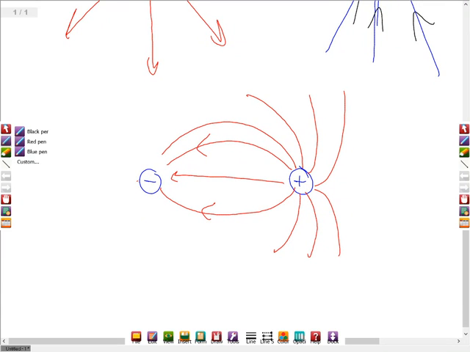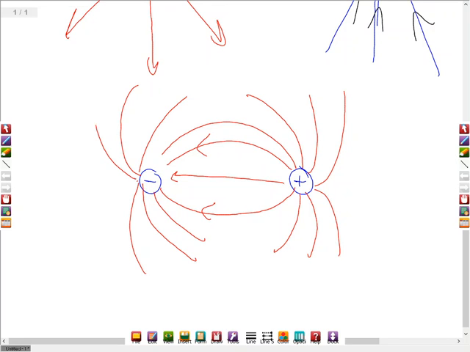The line goes from the inside towards the outside. I'm going to put the arrows after I finish.